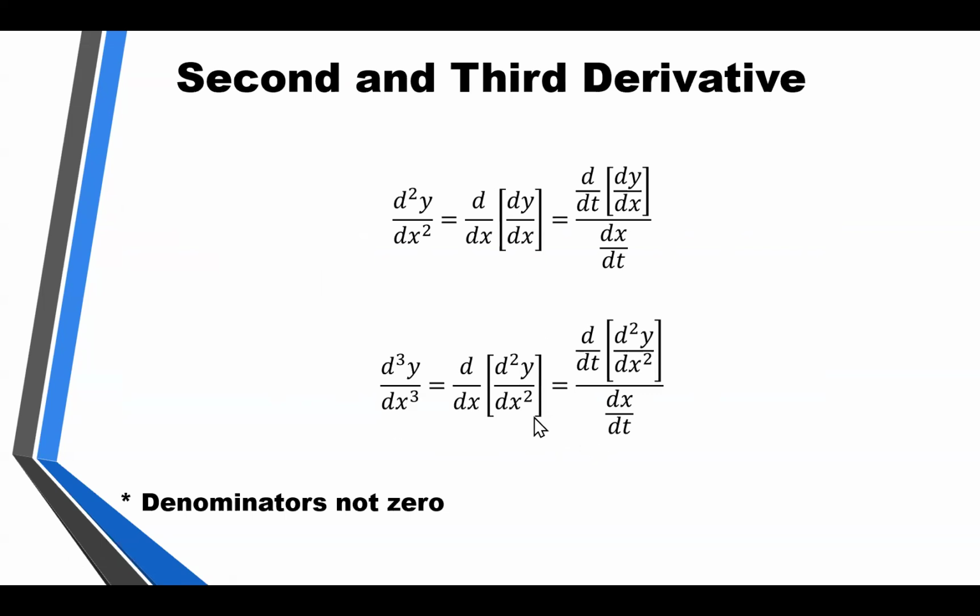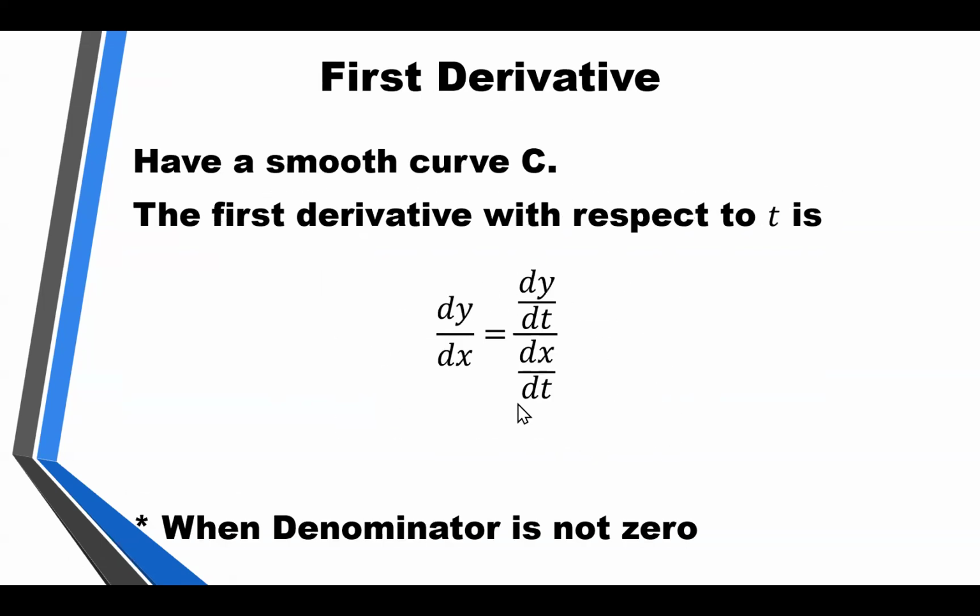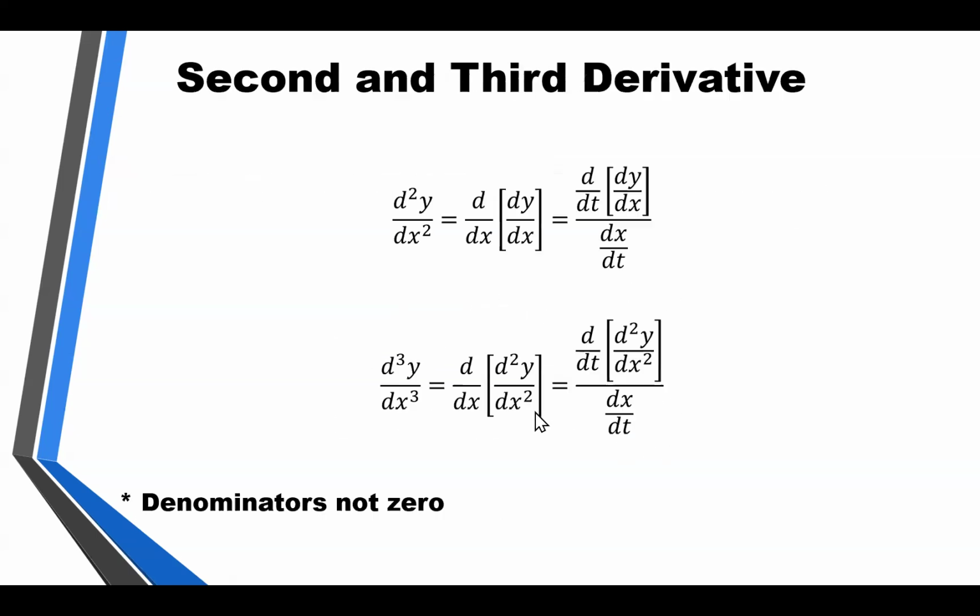We've done a third derivative, but this is the basic formula. Derivative of the function of my y with respect to t divided by dx with respect to t, derivative of x with respect to t. That always works so long as the denominator is not 0. Second derivatives and third derivatives work very similarly.